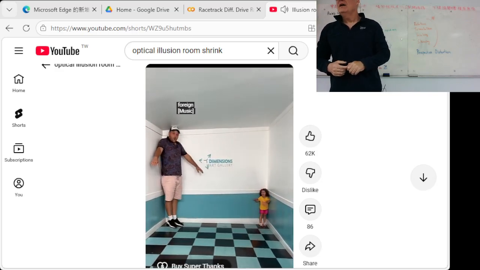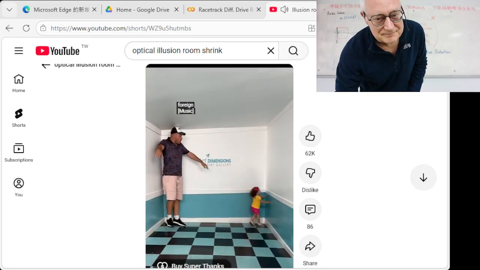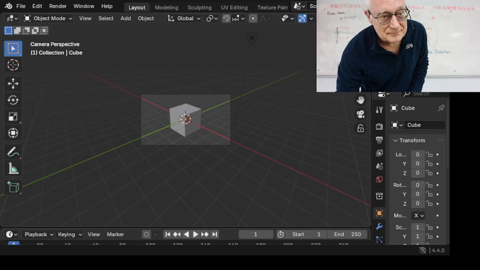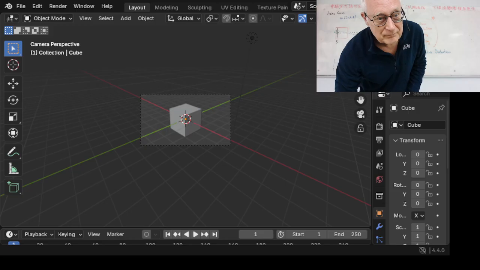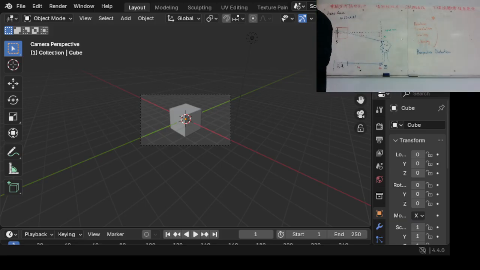And that's how that works. So if you see something in the image, you cannot tell the distance, unless you have some additional information.